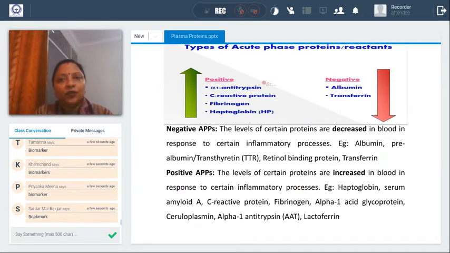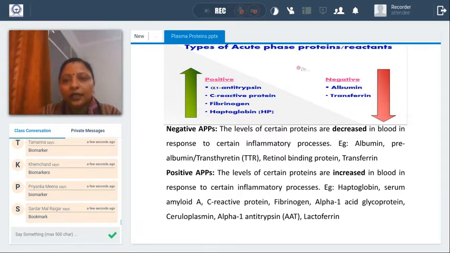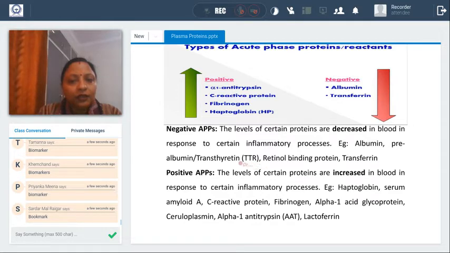So, types of acute phase proteins, or reactants we can say. Positive APPs and negative APPs. In negative APPs, the levels of certain proteins are decreased in the blood in response to certain inflammatory processes, like you can see here: albumin, pre-albumin transthyretin (TTR), retinol binding protein (RBP), and transferrin.